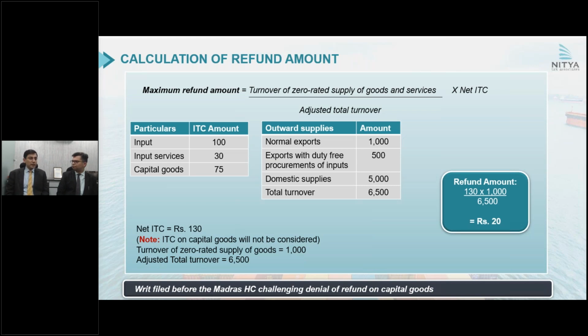So to that extent, the exporters have rightly challenged it. If there are companies who have accumulated credits because of capital goods as well, they should also consider a similar challenge. A very important point here is that if an exporter has significant accumulation, he can also file a writ in this case. Right. Thanks, Puneet.